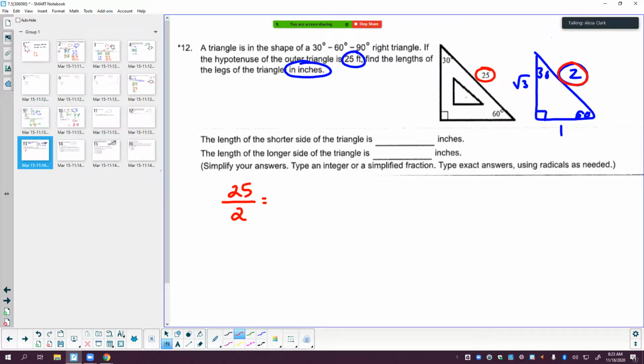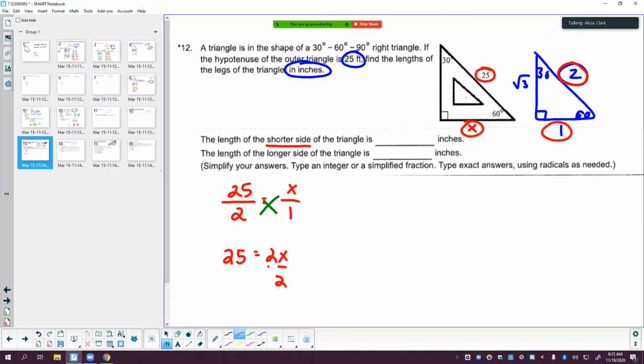And then we got to find one of the sides. It doesn't matter which one we find first. This one says the shorter side, so that would be the side across from the 30. So we'll start with that, call that x and compare it to 1. If I cross multiply here, 25 times 1 is 25, and 2 times x is 2x.